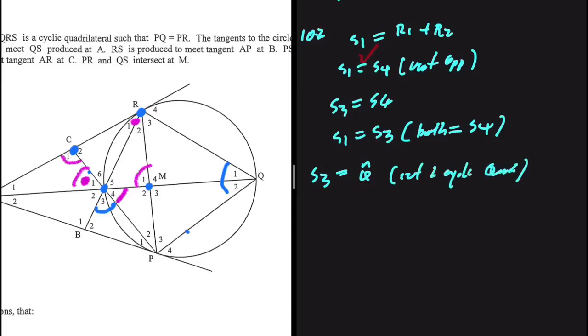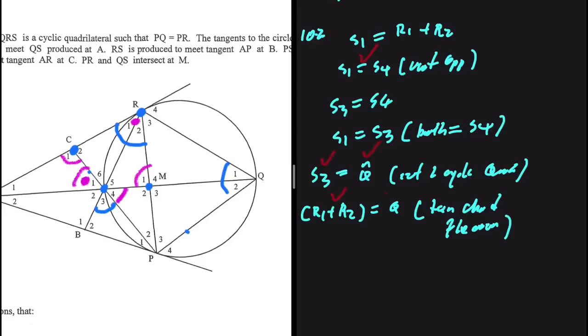But I want to show you something interesting. Look at R1 plus R2. R1 plus R2 should be equal to angle Q because of the tan chord theorem. You will see where I'm going with this when I connect the dots at the end. R1 plus R2 is equal to Q. Can you see now?